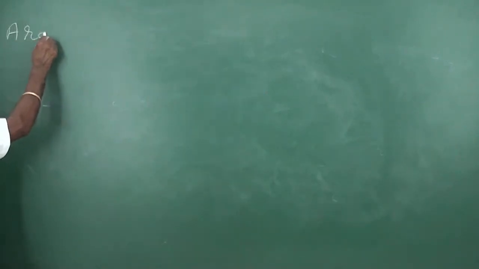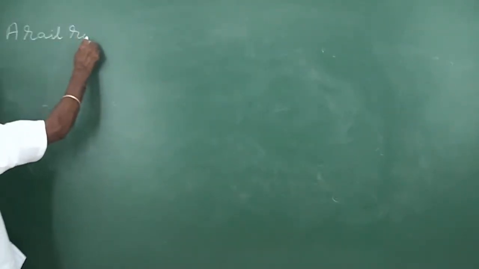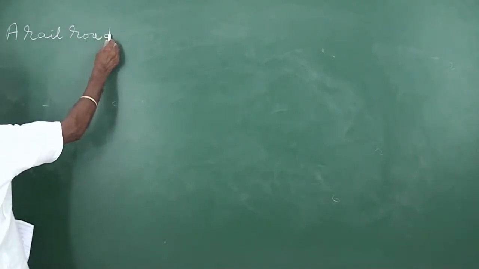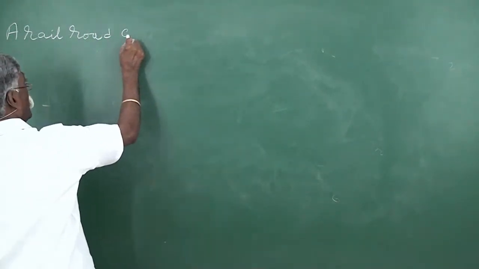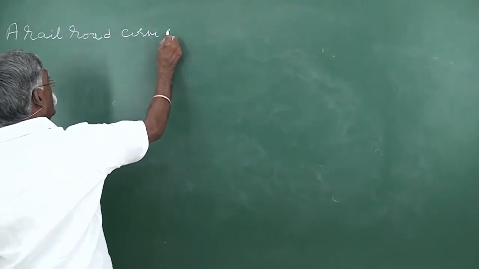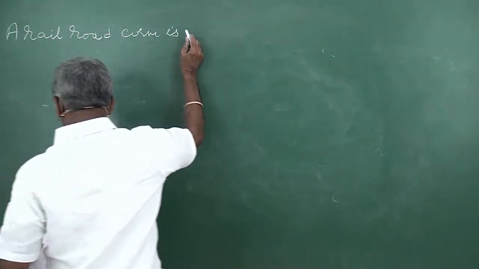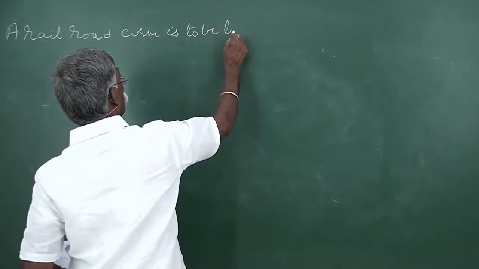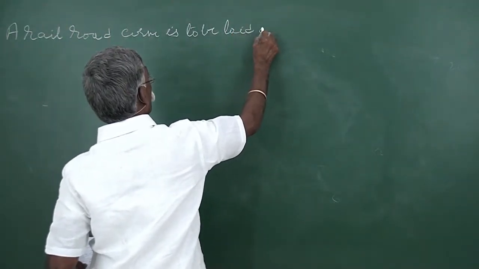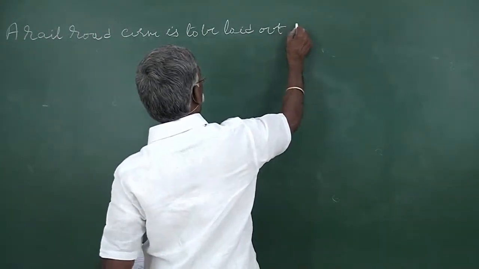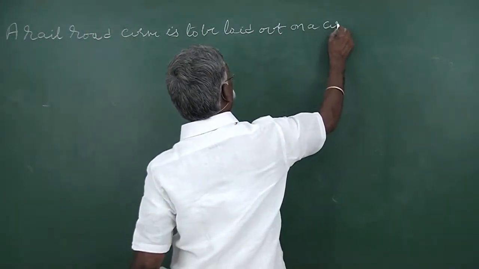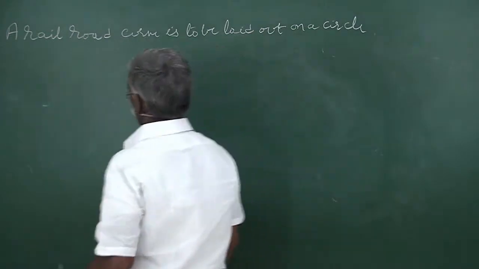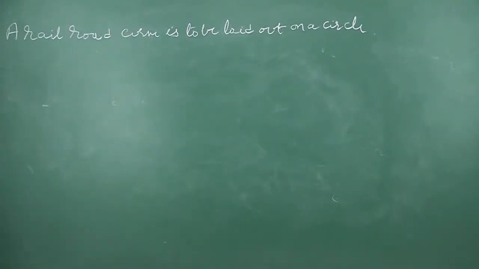A railroad curve is to be laid out on a circle.